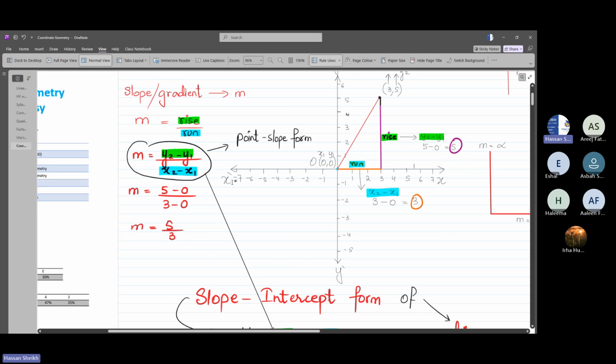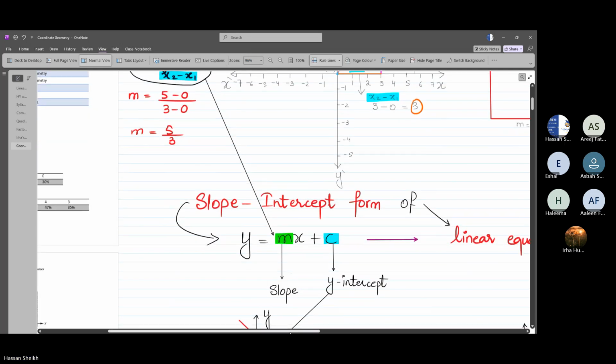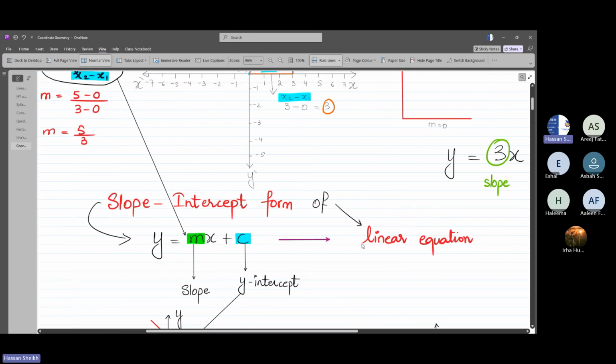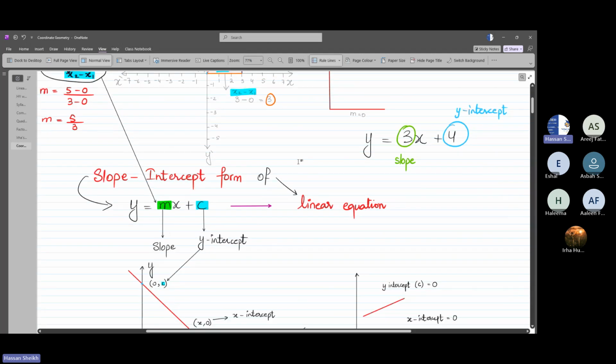Why is it called the point slope form? Because we have slope. Do we have slope m here? Yes. And do we have points x1, x2, y1, y2 here? That's why it is called point slope form. And this is only for linear equations. What are linear equations?